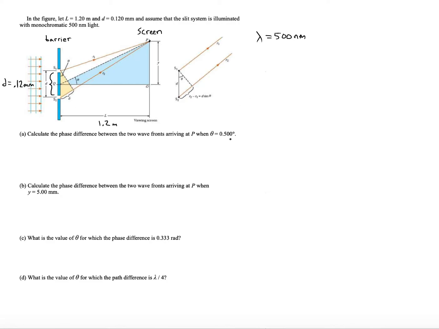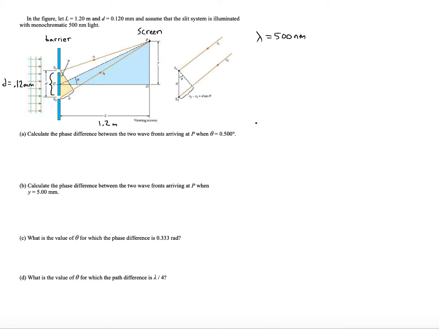And theta is approximately 0.5 degrees, which is a small angle, and that's common for these problems because the screen is so far away from the barrier. And we assume that the paths are approximately parallel.